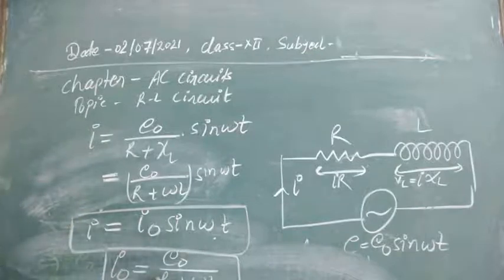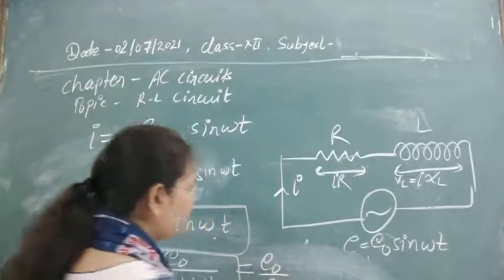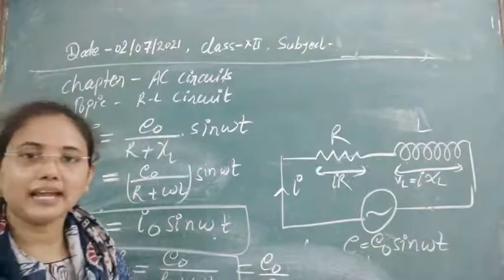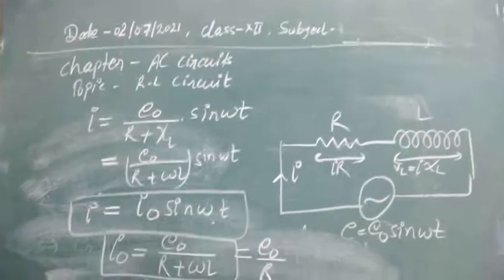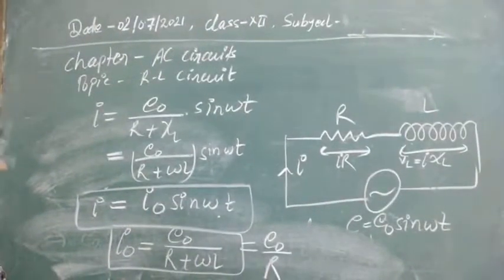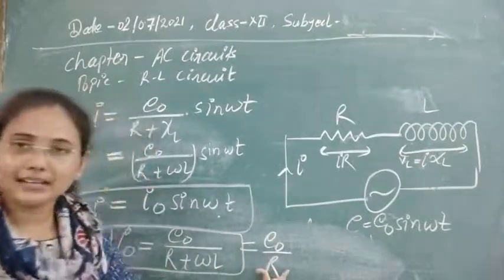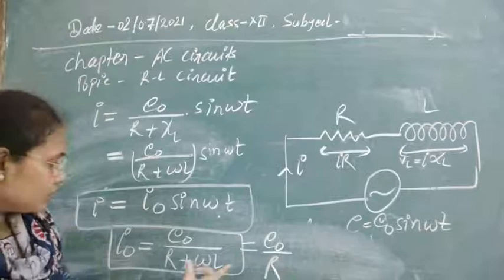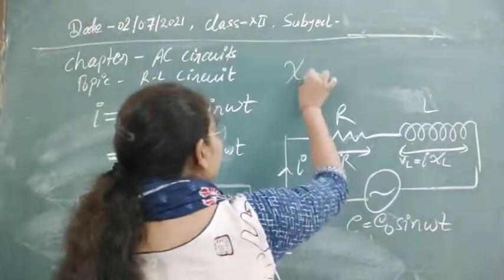And now again, if you compare this with Ohm's law for the conductor, that is E0 by R, as you know, E0 by R is given for the reactance of the circuit here. So the reactance for the LR circuit can be written as chi LR.